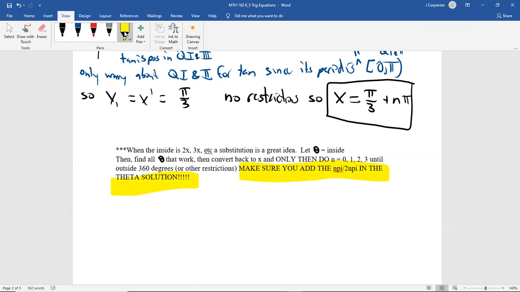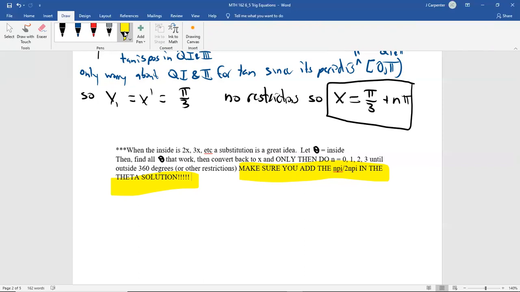A lot of people will just do it at the very end once they have the x equals, and that's where they want to add it. But that's not true. You have to put it where you have theta equals, because the solutions that you find will be based on your substitution, and the substitution solutions will be every 360 degrees or every 180 degrees, whatever.